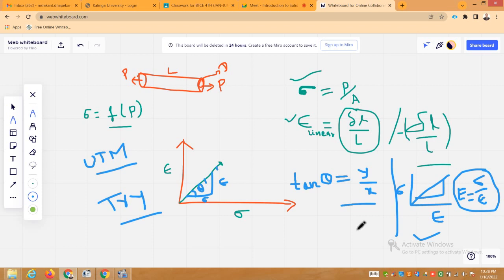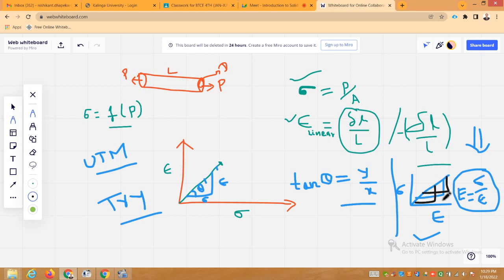This is the exercise for all of you, but in textbooks you will get this. Strain values are plotted on the x-axis, stress values are plotted on the y-axis. If you evaluate the slope, it is not compulsory, you can choose any value, like this value, or this value.